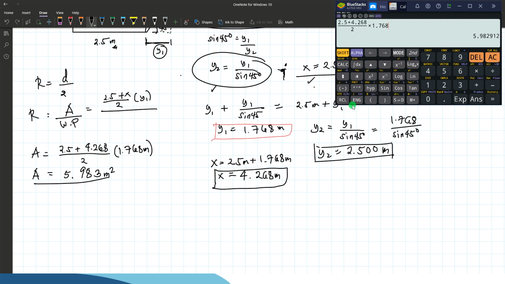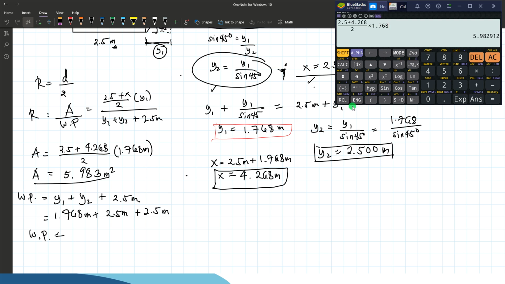Then the wetted perimeter. The wetted perimeter is equal to y sub 1 plus y sub 2 plus the base of 2.5 meters. So y sub 1 is 1.768, y sub 2 is also 1.768, and the base is 2.5.